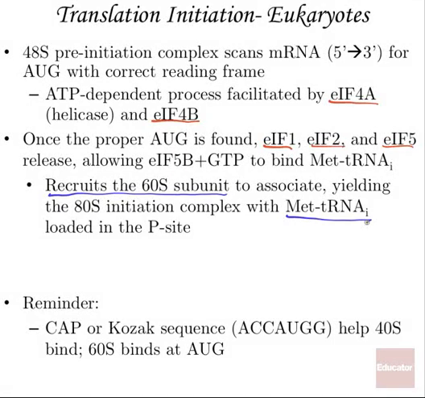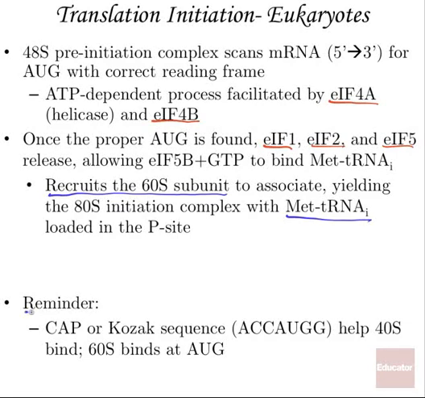So similar to the prokaryotic initiation, we have all the initiation factors get everything ready, then they leave so that you can have the full association of the large and small subunits with the proper initiator tRNA in the peptidyl site.